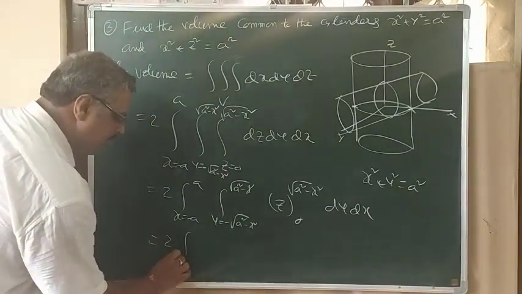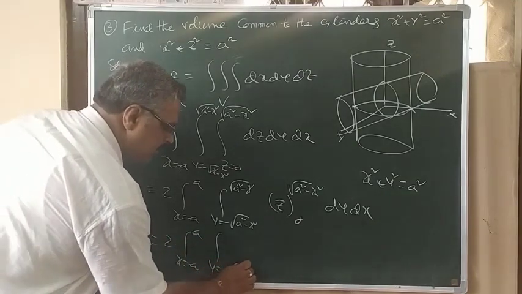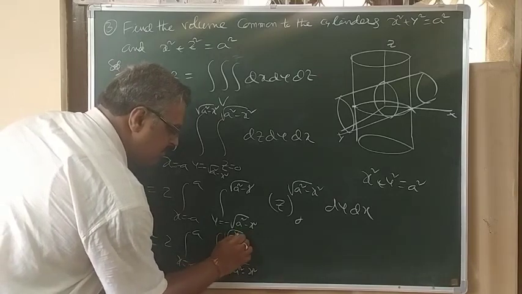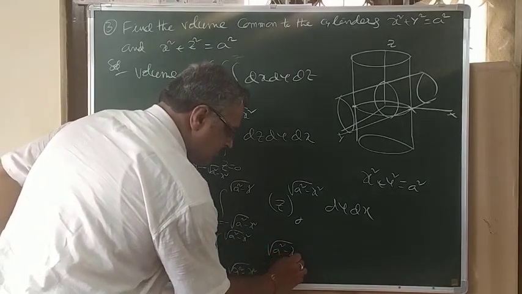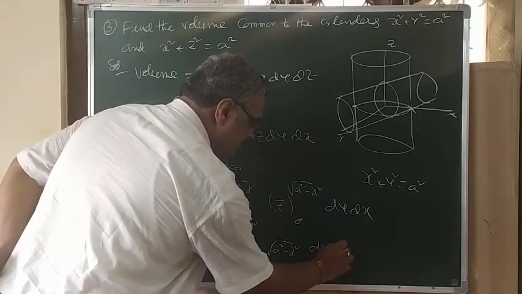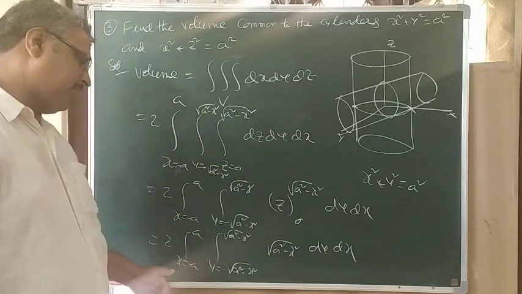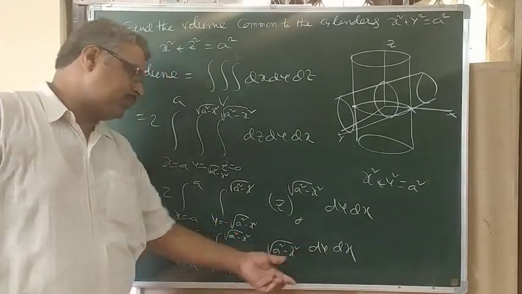Now this is 2 times the integral of x from minus a to a, y from minus root over a square minus x square to root over a square minus x square, of root over a square minus x square, dy dx. Now integrate with respect to y, then with respect to x. Here there is no y term, only the integral of dy equals y.